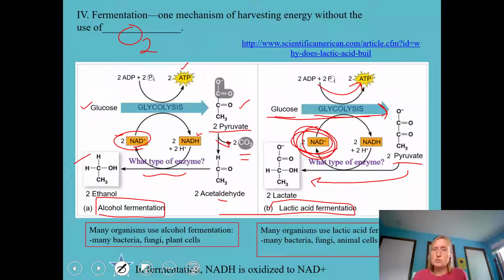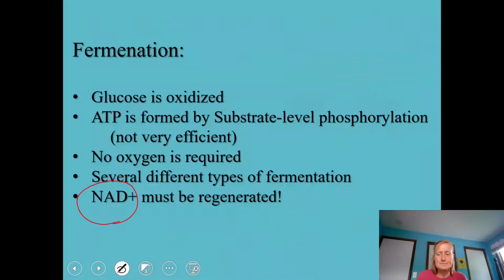It becomes more acidic as a result of lactic acid fermentation, and that can trigger your pain neurons, and that can trigger pain. Anyway, it's kind of interesting. We certainly don't use lactic acid fermentation as our only mechanism of making ATP. It's not super efficient.